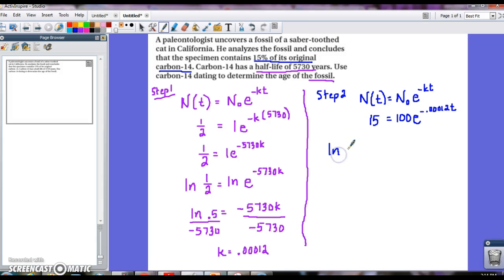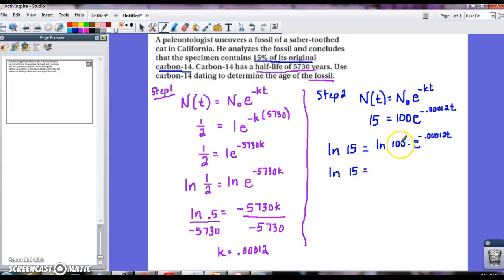So ln of 15 is going to equal ln of 100 times e to the negative 0.00012t.